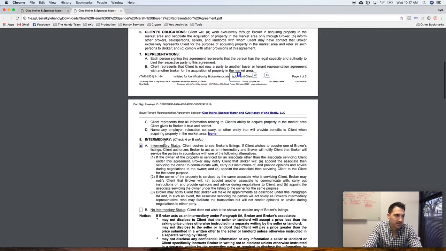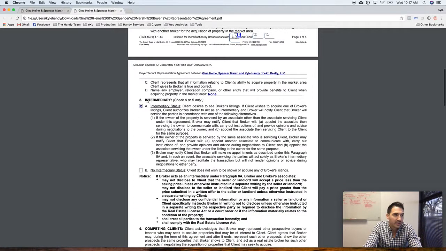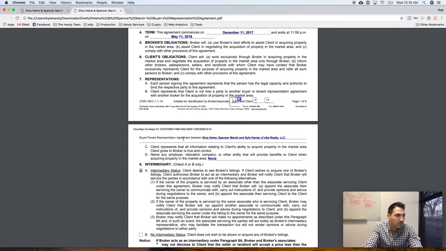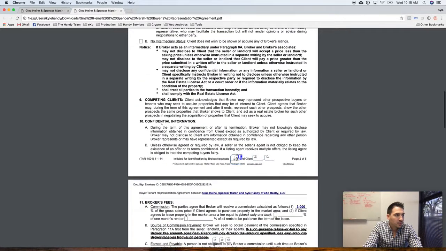The next part is, since I've already talked about intermediary and the information about brokerage services, I just point out that here's where it talks about intermediary status and what we do as far as handing over buyers or handing over sellers, so that we're not representing both. Confidential information.